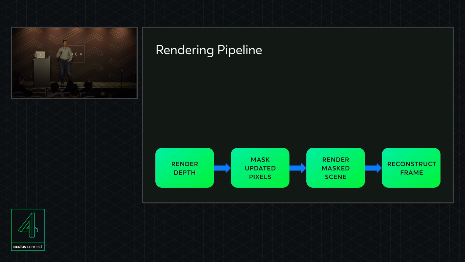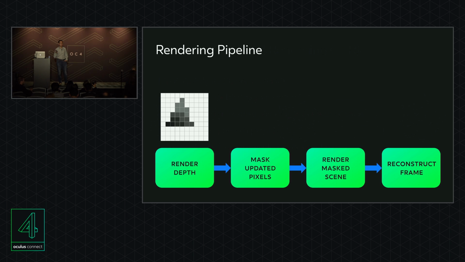Let's start with the bird's eye view of the pipeline. The rendering pipeline is actually quite simple. We start with rendering a depth, which is a full resolution depth, and it could be combined with your normal depth prepass. That depth, along with some other things, could be used for mask generation. That mask could be set up within a stencil or depth buffer.